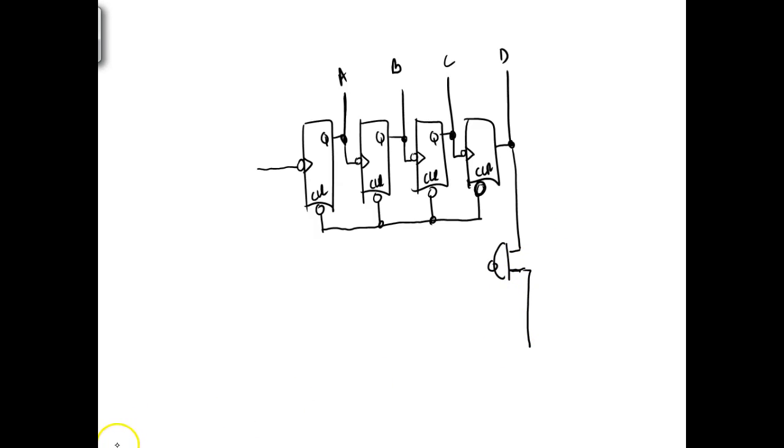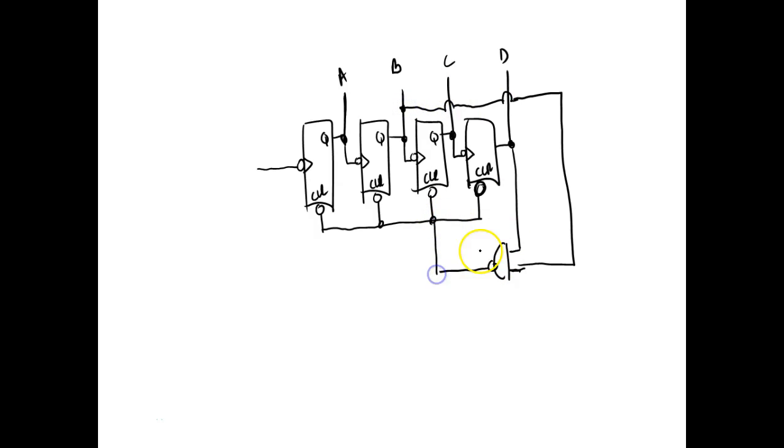Oops, let me go the other way. Now since I'm using the same color, usually we don't loop, but I want to. So what would the modulus of this guy be?